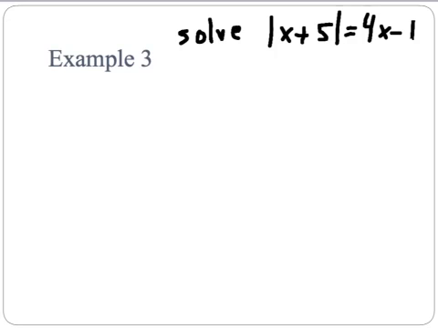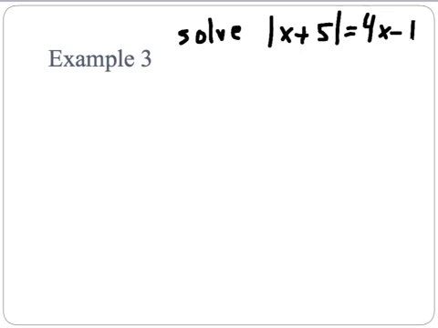Alright, so example 3. Example 3, now that we know the basis of an absolute value equation, and the fact that the inside part could be a positive x plus 5 or negative x plus 5. Okay, so this entire thing is either positive or negative.